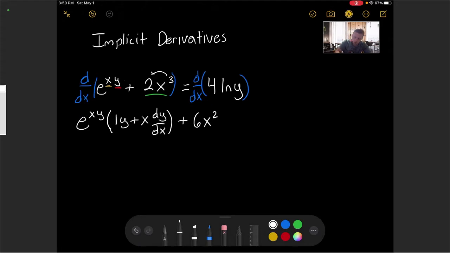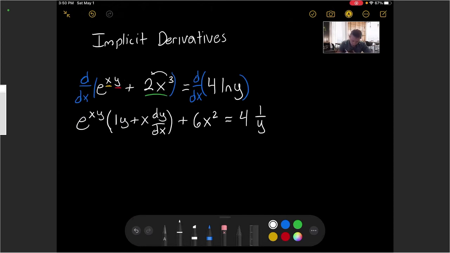And then on the right side of our equation, we have the derivative of 4 times the natural log of y. So when I consider the derivative there, we'll have 4 as the constant, that stays. When I take a derivative of the natural log, we know that's 1 divided by the variable. So that would be just 1 over y to start.